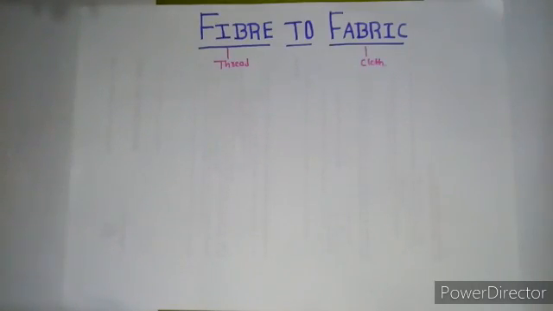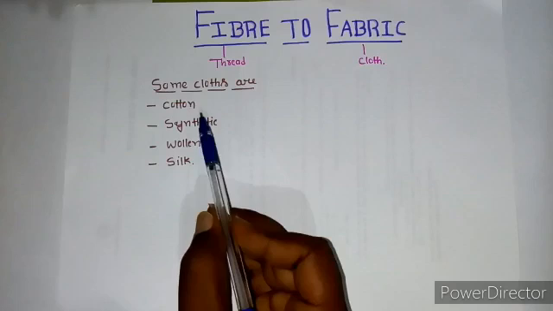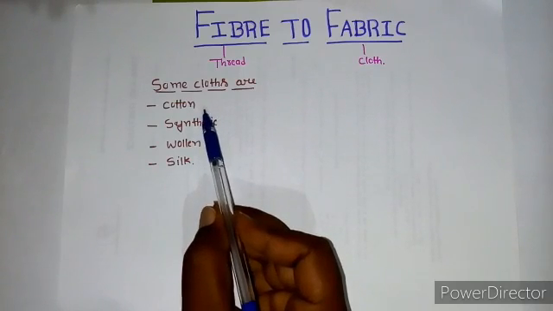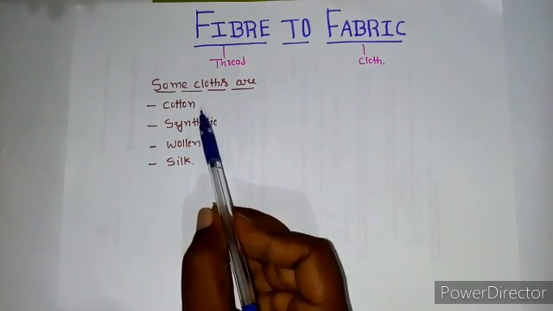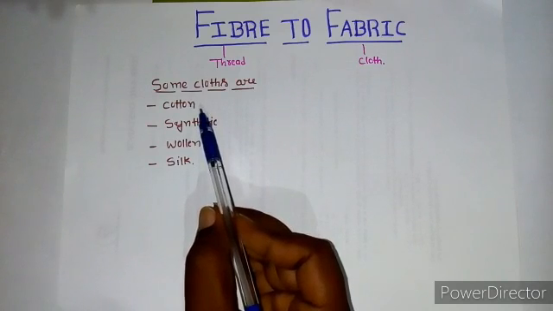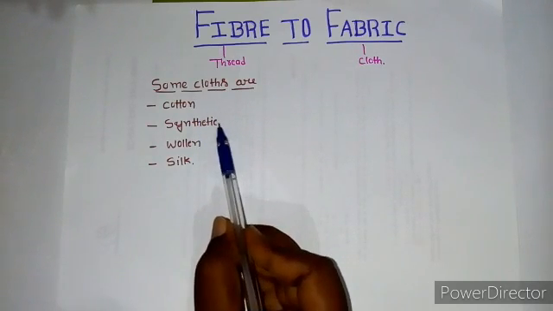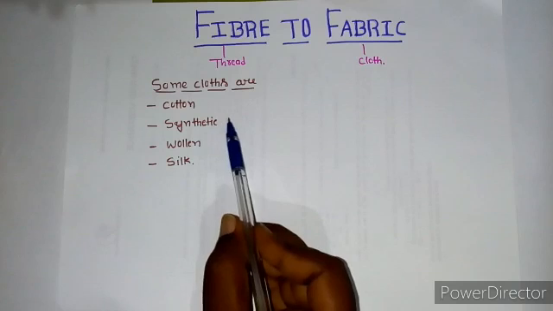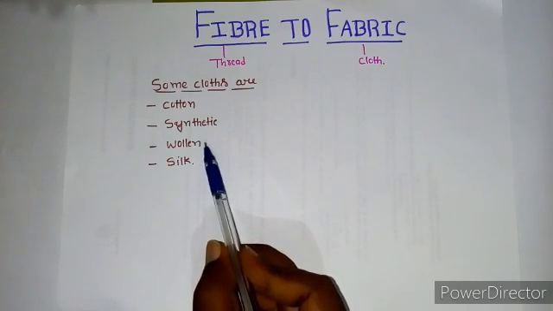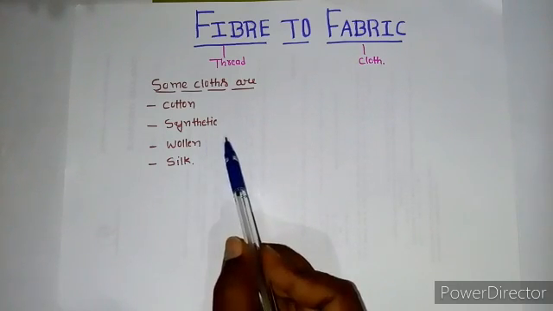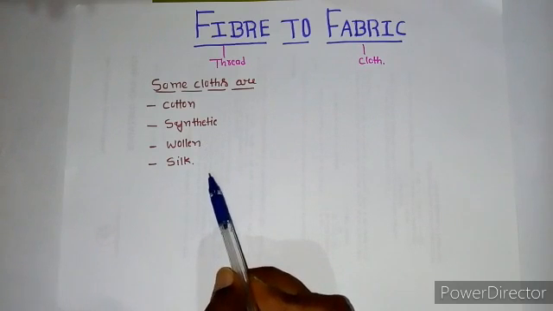Students, when you visit a nearest cloth shop, when you see a large variety of cloth material, you may get confused, right? The shopkeeper explained that some cloths or fabrics were cotton, some cloths are synthetic, some are woolen or wool, some cloths are silk.